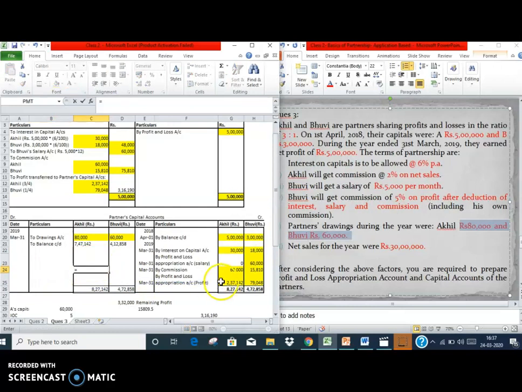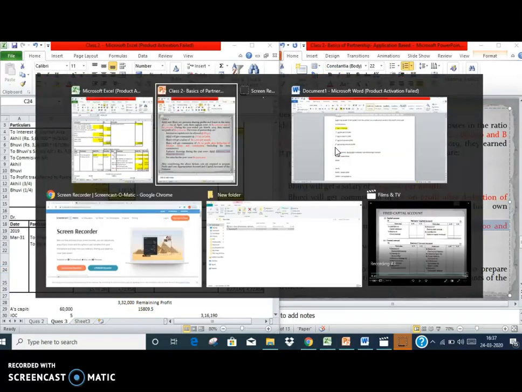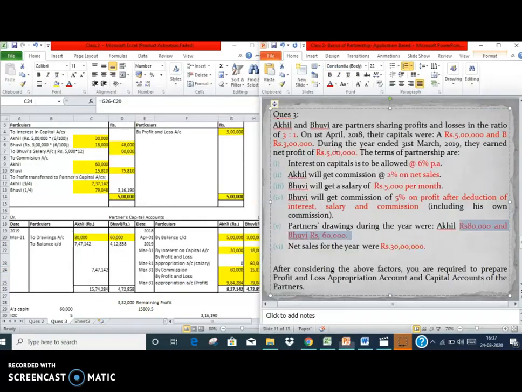F equals, I think this is a formula. So I'll copy paste this amount. If you solve this minus 80,000, you are getting the same amount. You will do this and the answer will be the same. So I hope this is clear to all of you.